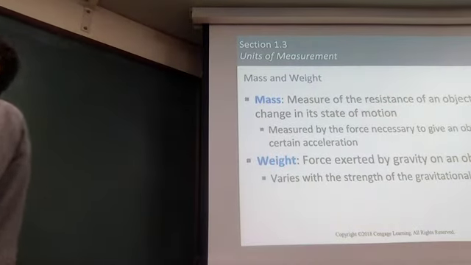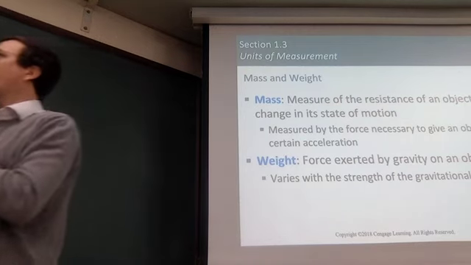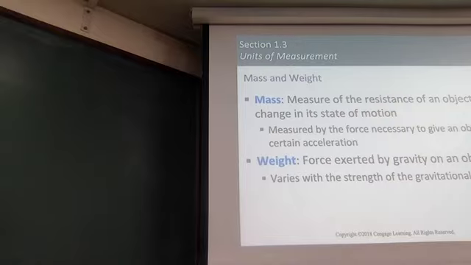Mass can really be understood as the resistance of an object to a change in the state of motion. So if you want to accelerate and something holds you back, right, then this is the mass. If I want to jump up in the sky, Earth holds me back, gravitational force holds me back, which eventually relates to my mass.